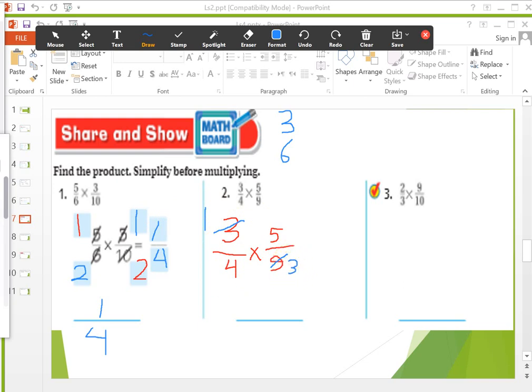Let's continue with Maryam. Yes, Maryam. Maryam, is there a greatest common factor between 5 and 4? Do you think there is a greatest common factor between those numbers?